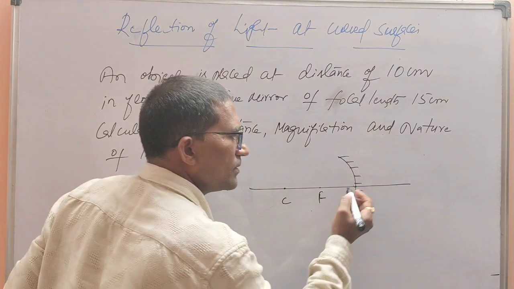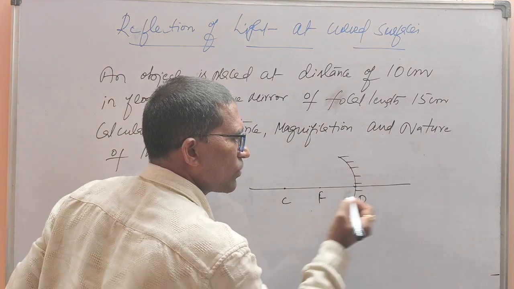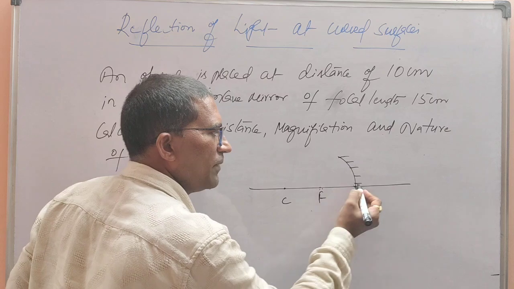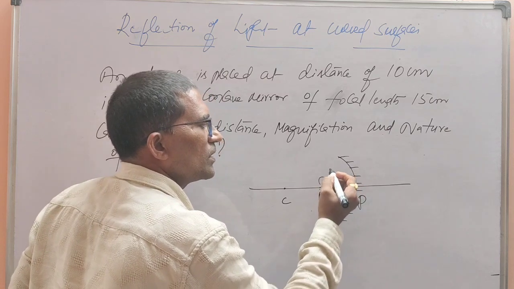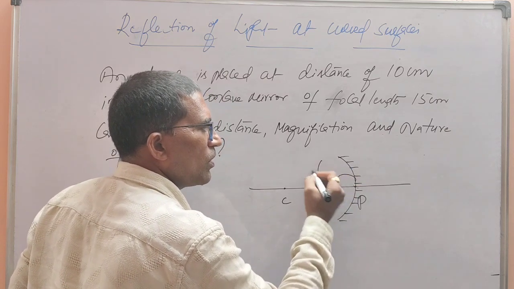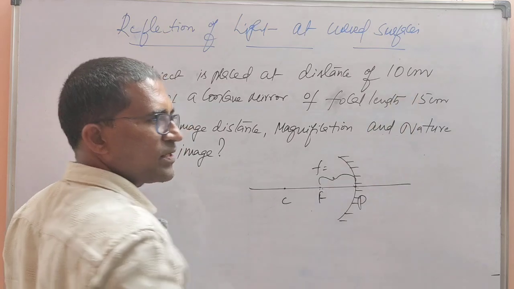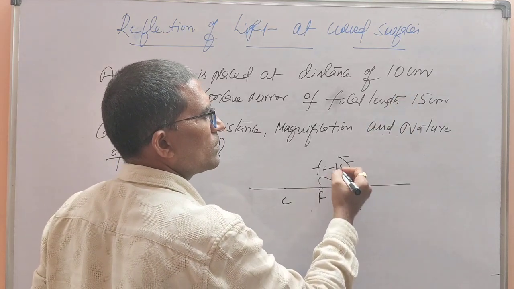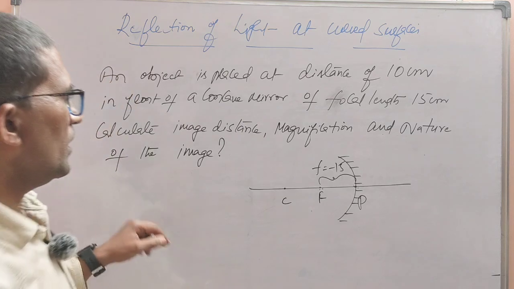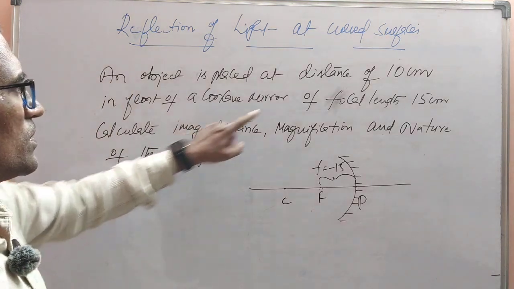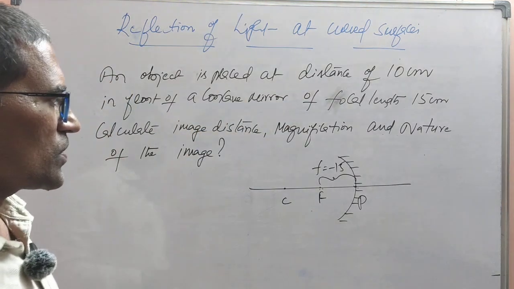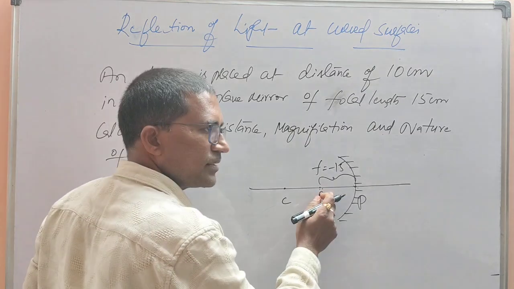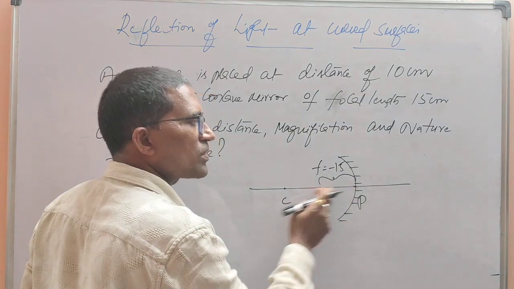Now focal length we measure from the pole of the mirror to the focus. So that is focal length, small f, is equal to 15 centimeter. If you apply sign conventions, focal length is minus 15, and the object distance is 10 centimeter. So we get some idea that the object is placed between the focus and the pole.